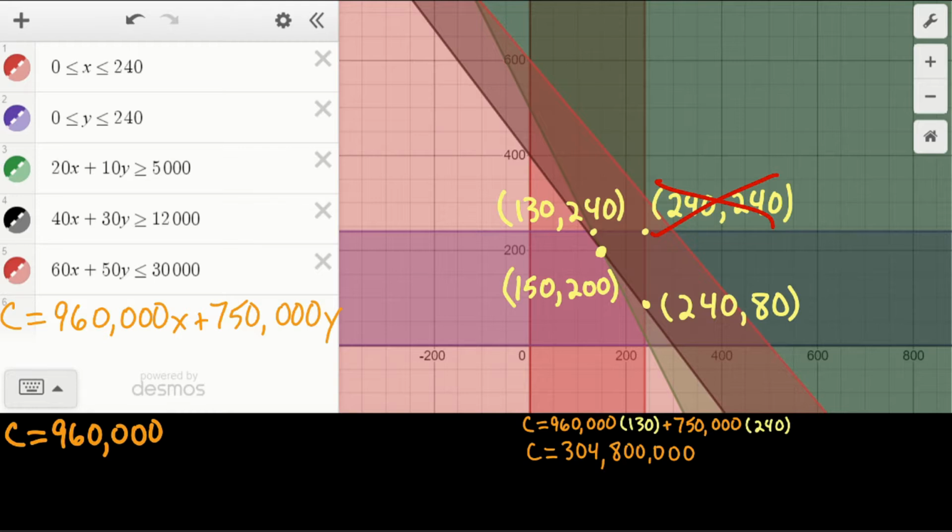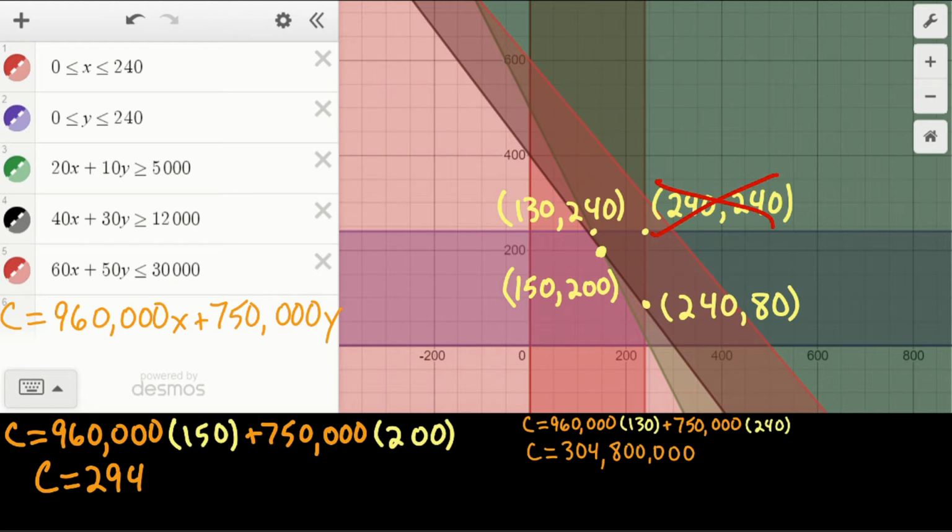So X is 150, plus 750,000 times 200. And that is going to equal 294 million. All right, so let's save that, shrink it down.